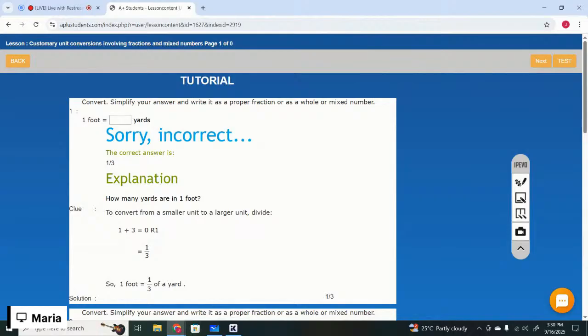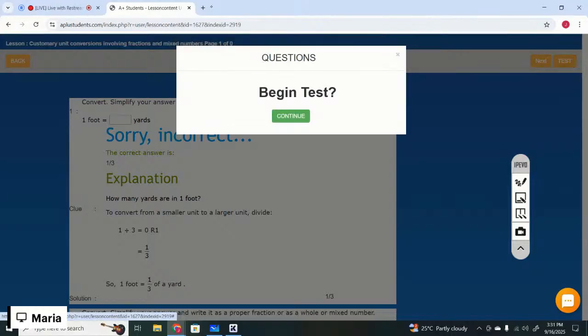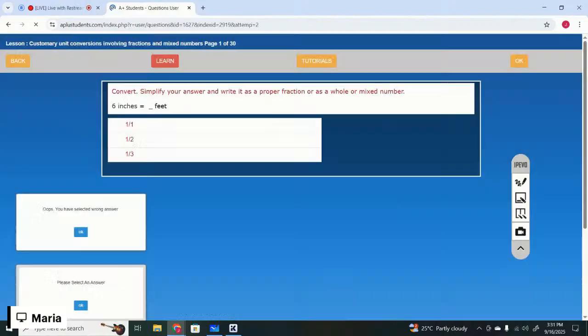Convert 1 inch equals how many feet? One divided by three, that is 1 over 3. Let's just start with the test questions.